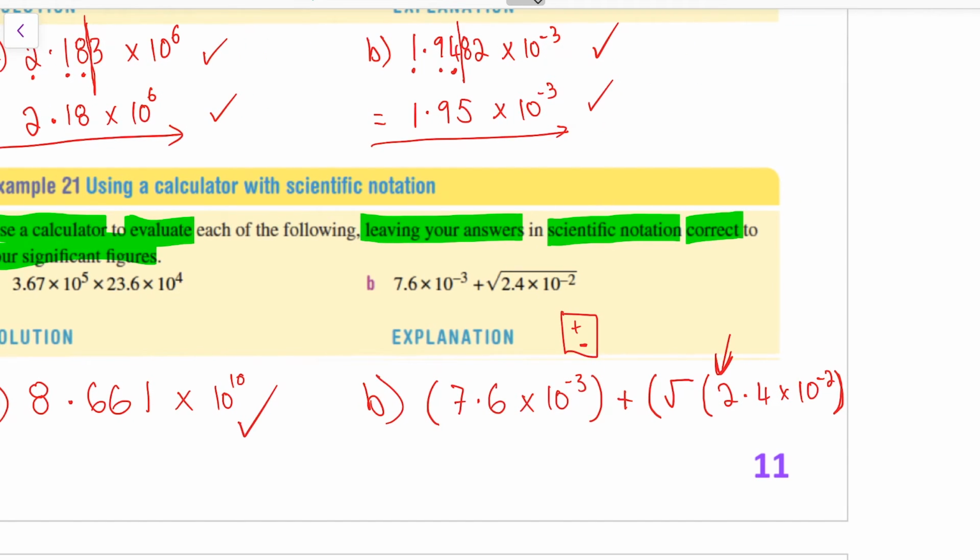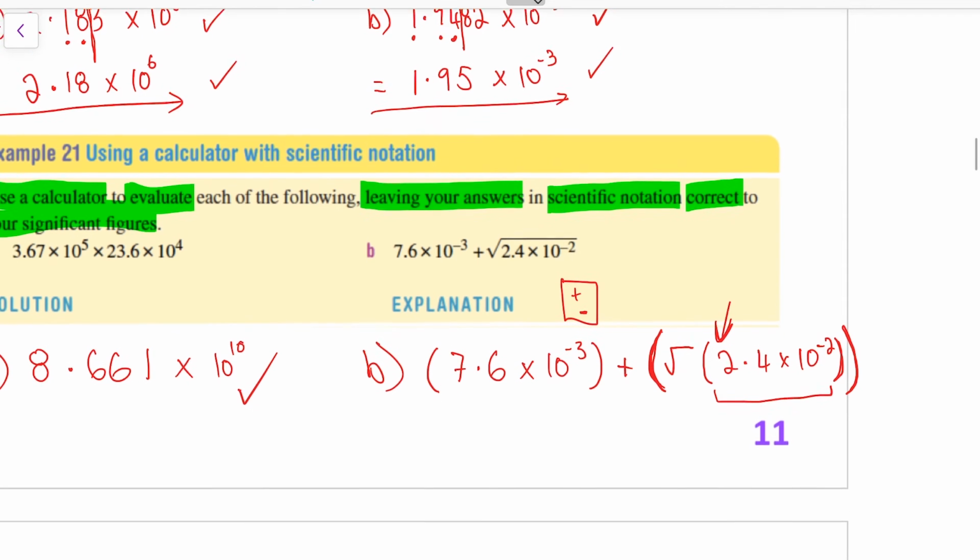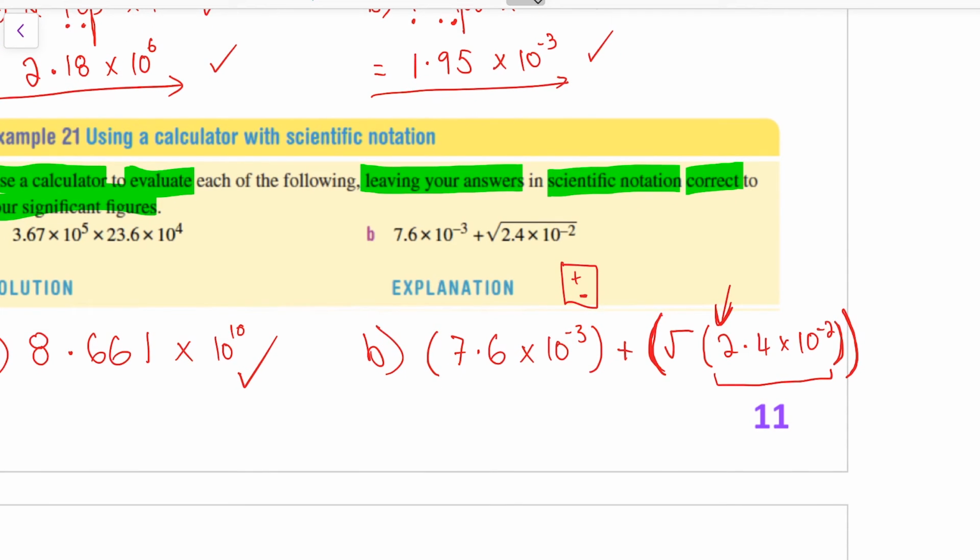We're saying everything inside of this bracket must get square rooted. Then close that final bracket that's on the outside. It looks a bit messy, but trust me, it does work if you can do this correctly.